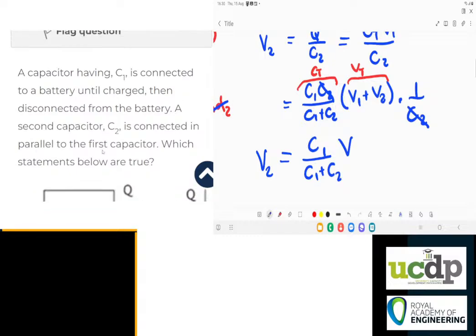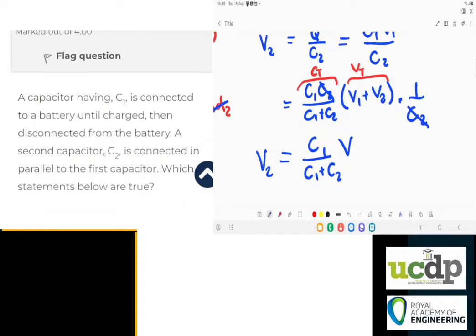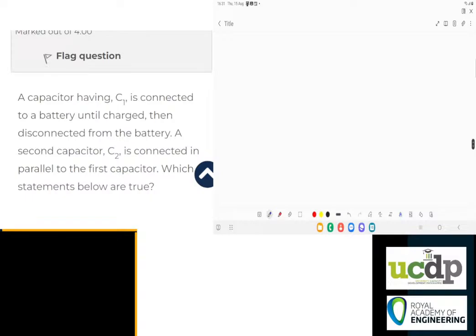So question 26 is a more or less similar question, which reads: a capacitor having capacitance C1 is connected to a battery until charged, then disconnected from the battery.